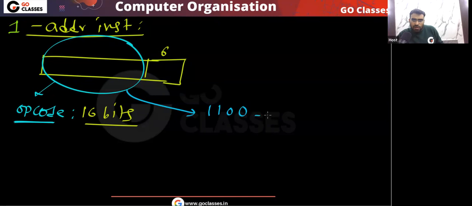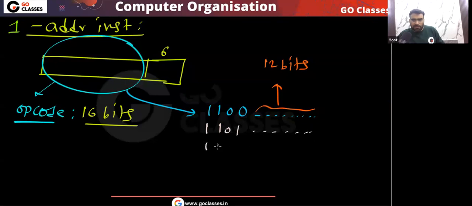Can you notice there are 12 bits remaining? Similarly, 1101, then 12 bits remaining. Then 1110, 12 bits remaining. Then 1111, 12 bits remaining. Is this clear?